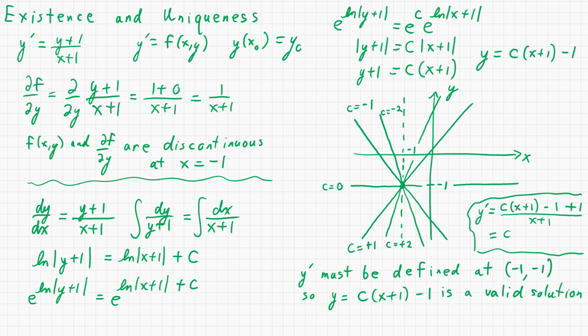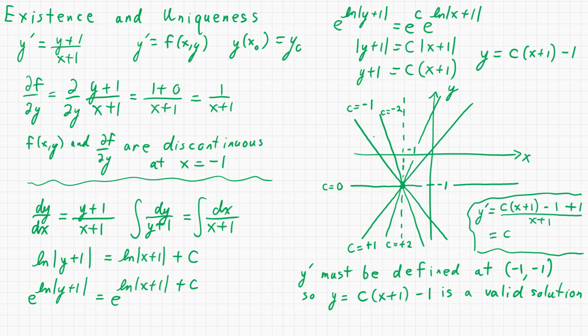And so yes, you can have a solution actually pass through this point. This is a removable discontinuity. It can go away, but because it's still a discontinuity here, the existence and uniqueness theorem couldn't tell you anything about passing through the vertical line x equals negative 1.